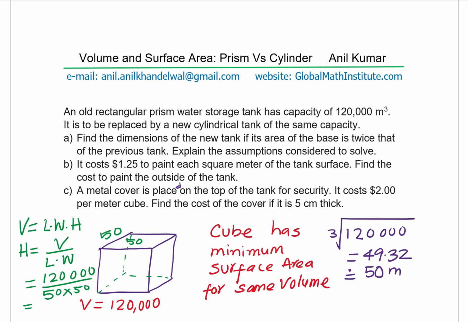And what do we get? Let's calculate this. So when I divide 120,000 divided by 50 and then again by 50, I get a number which is 48. So the height of this becomes 48 meters. So what I'm trying to say here is that we have assumed that the original rectangular prism is cubic. So the rectangular prism is close to cubic.